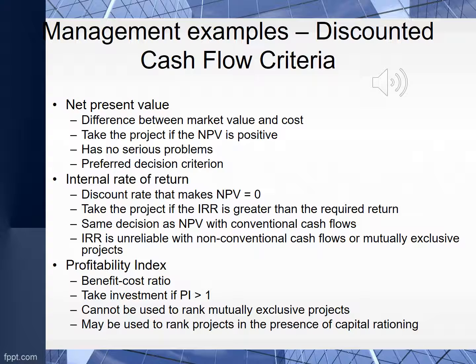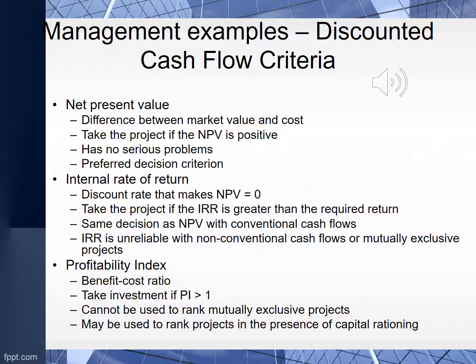Some management examples of the discounted cash flow criteria. Net present value, which is the difference between market value and cost. You take the project if the NPV is positive; it has no serious problems and is a preferred decision criterion. And IRR, which is a discount rate that makes NPV equal to 0. You take the project if the IRR is greater than the required return, the same decision as NPV with conventional cash flows.